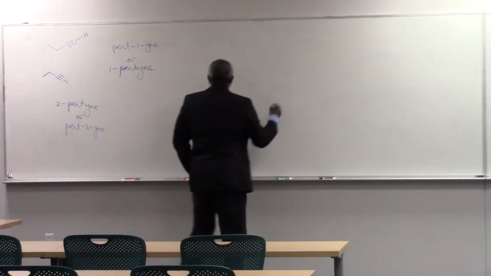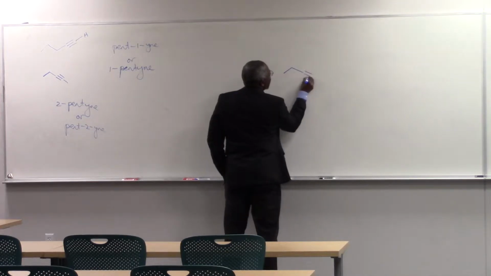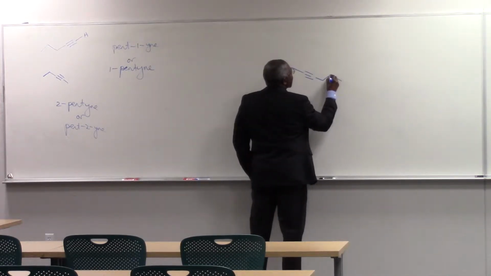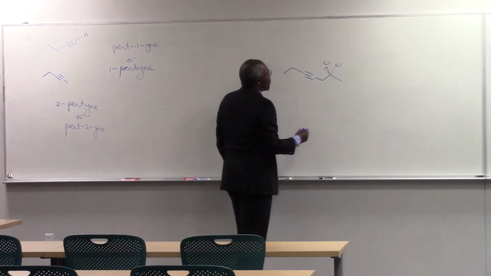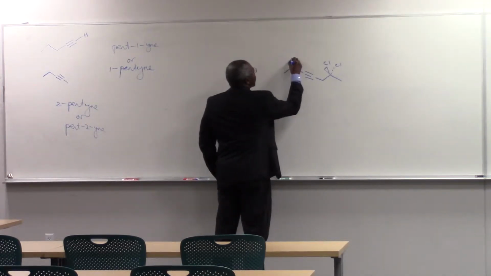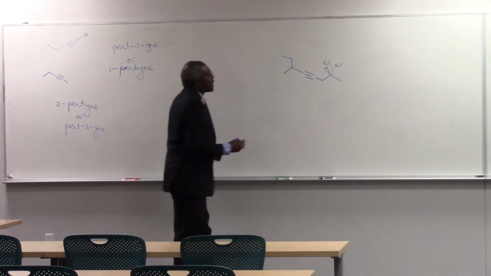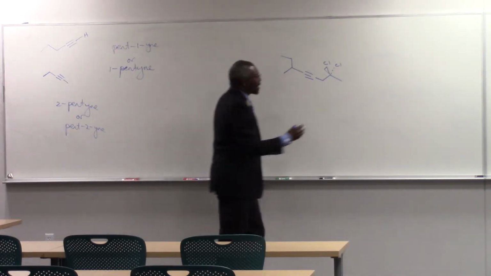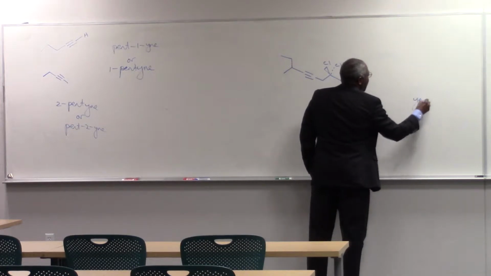If I have substituents along the alkyne, if I have something like this, something like that, okay. Again, this is going to be an alkyne, so I'm going to write yne.